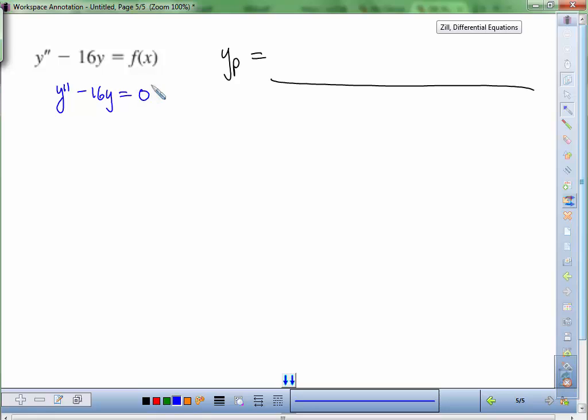Start off by finding the homogeneous differential equation. We find the auxiliary equation, m squared minus 16 is equal to 0. So m is equal to plus and minus 4.